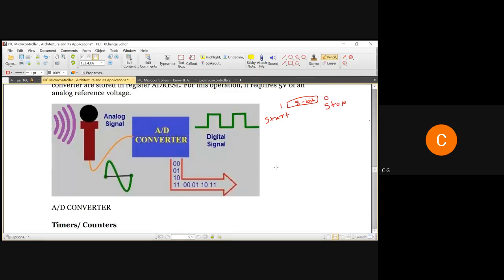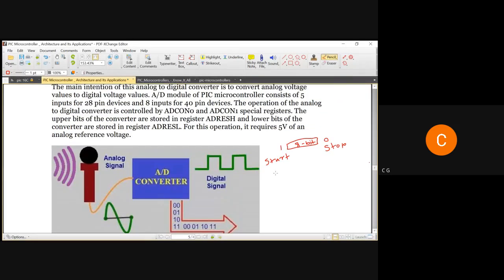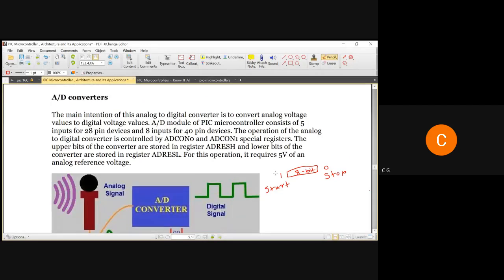The D to A converter is very easy to devise or fabricate, but the A to D converter is a little bit tricky, and you require a D to A converter. Depending upon the value of the D to A converter, you will get the A to D signal. How it works, I will tell you later as we proceed. Right now, you just see that there is a D to A converter inside the A to D converter.